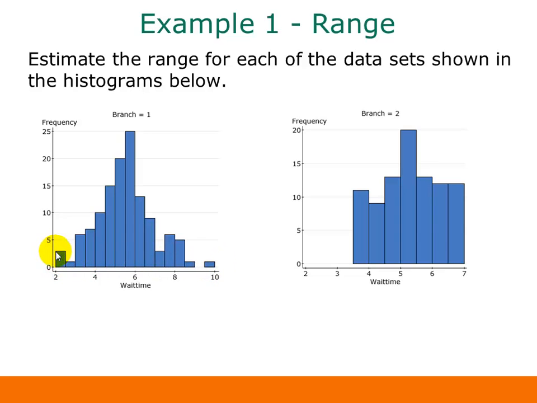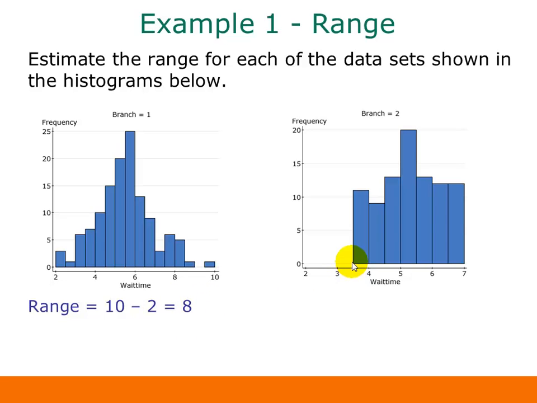All we know are the lowest possible data value, which would be the lower class limit for the first class, and the highest possible data value, which would be the upper class limit for the last class. So we can estimate the range by taking that largest possible data value, which is 10, subtracting the smallest possible data value, which is 2. So our range estimate here would be 8.